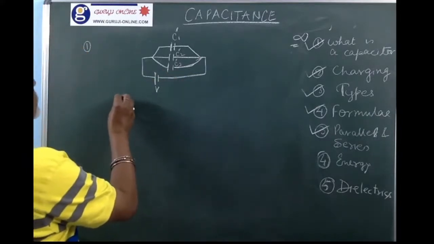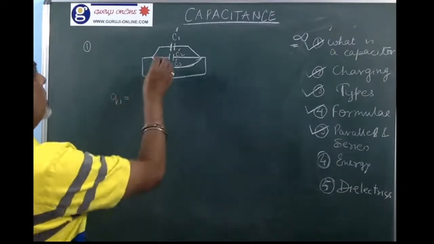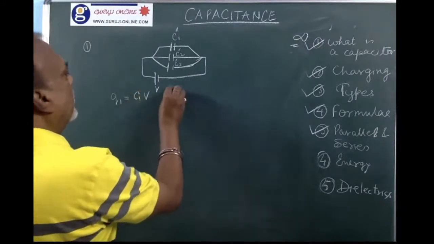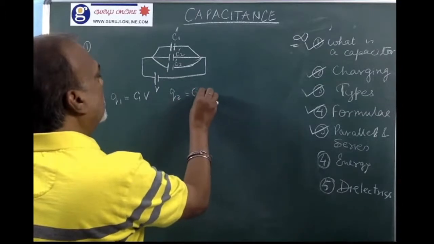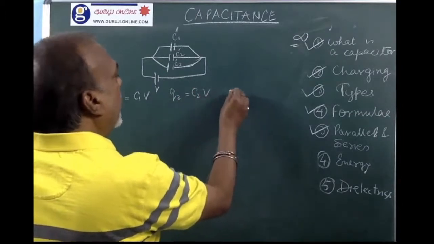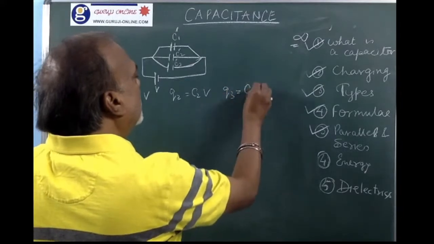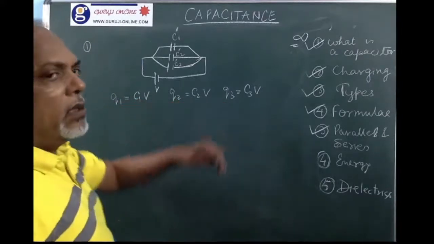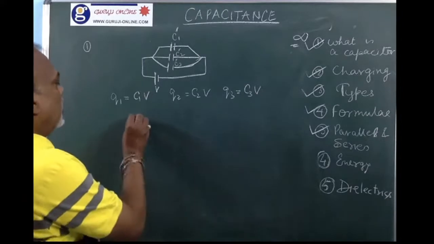Correct? But naturally, because this capacitance is different, your charge accumulation will be different. Means your Q1 will be C1 V, your Q2 is nothing but C2 V, and Q3 will be nothing but C3 V. Like that, these are the charges accumulating. So total charge is how much?